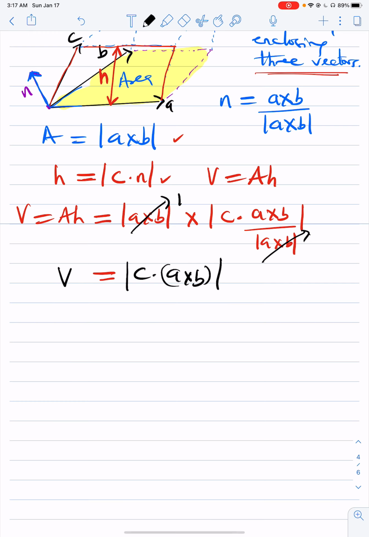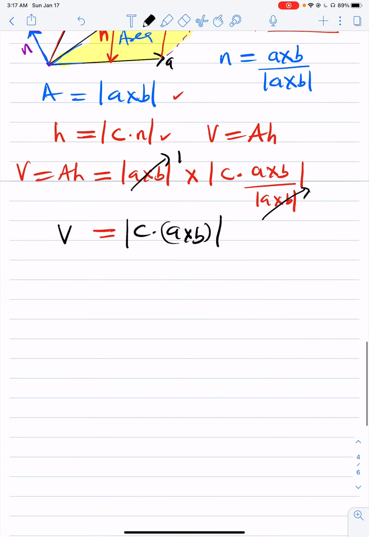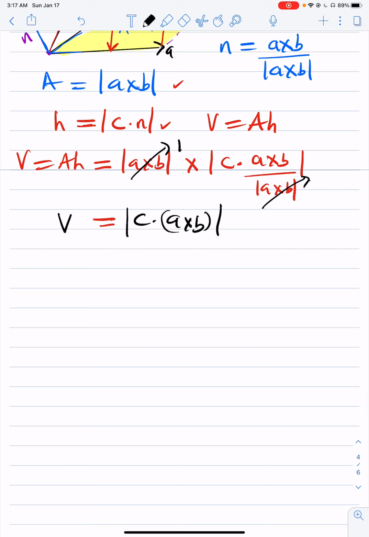So this is the volume enclosed by three vectors. Now this volume, C dot A cross B, is called the scalar triple product, and that's the volume enclosed by the three vectors, so it's called the scalar triple product.